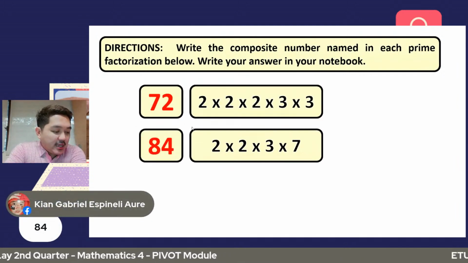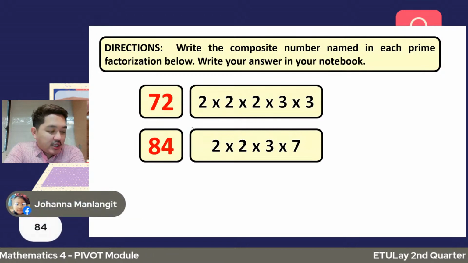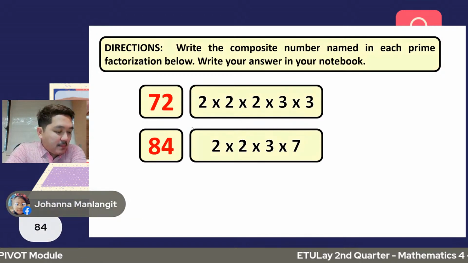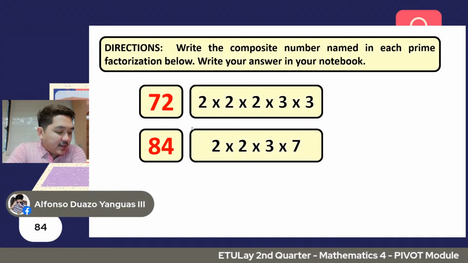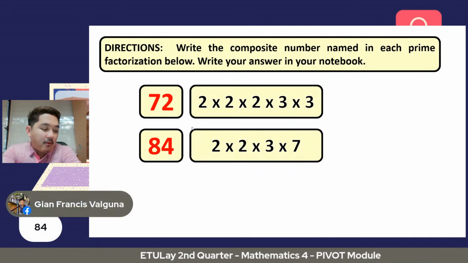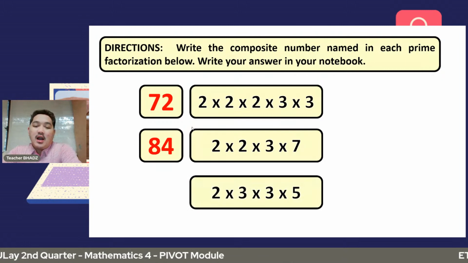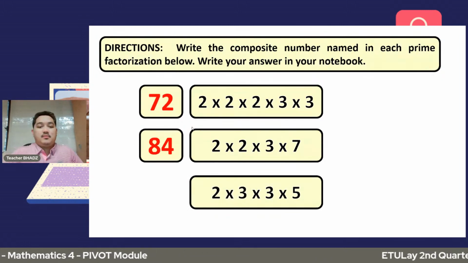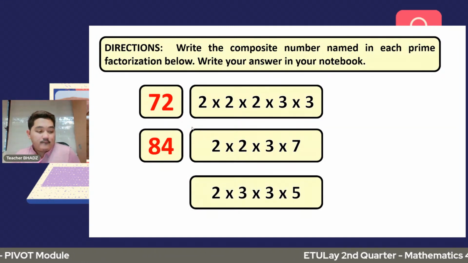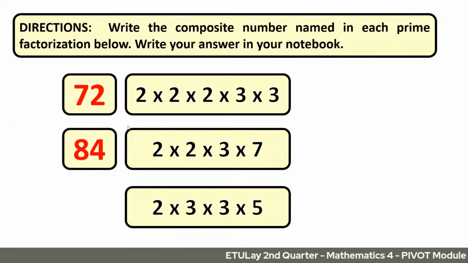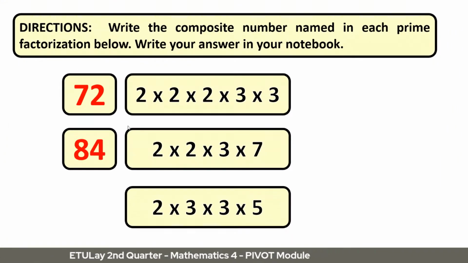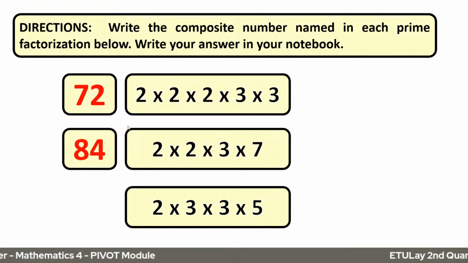Congratulations, Eden Lorico, Alma, Stephanie, Joselito, Princess, Melinda, Johanna, Kian, Cyril, Alfonso, at sa lahat ng nakakuha ng tamang sagot. Our last number. Ayan, si Kian, 84. Si Johan Manlangit, 84.